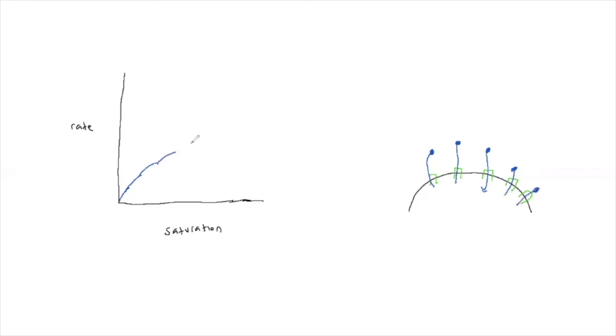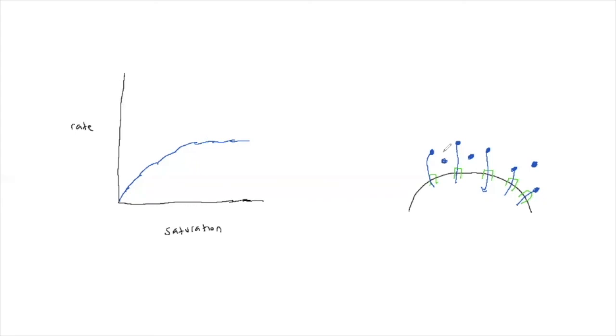Now we can move 5 per second. 6. Well, guess what? Now this one has to wait in line. Still 5 per second. What if I add a 7th one? Still 5 per second. What if I add an 8th one? Still 5 per second.